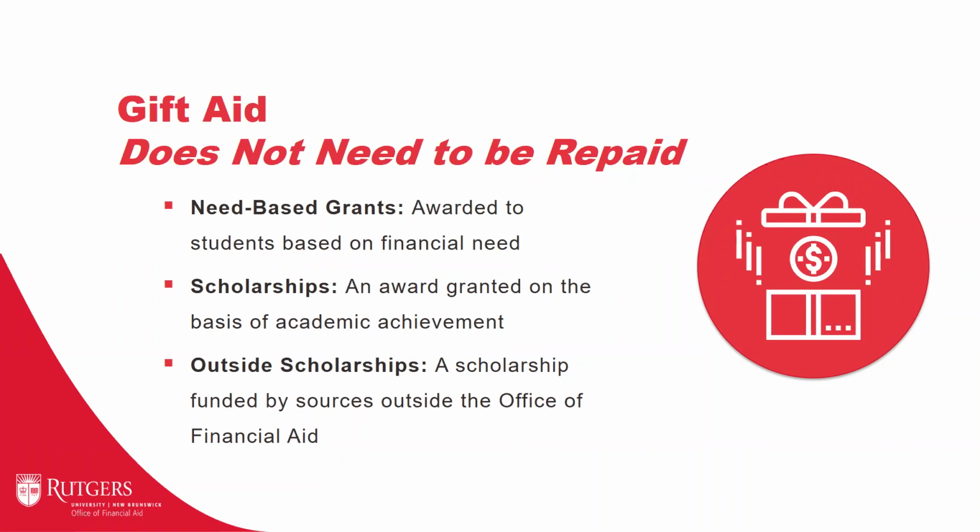So if a student is not eligible, or let's say there are no more funds, but the student is achieving academically and has a really good GPA, then the school that student is enrolled in may have other scholarships that will become available in the next academic year. So if a student does not receive one this academic year, they could be eligible in another academic year. Of course, this is based on the student making good academic achievement.